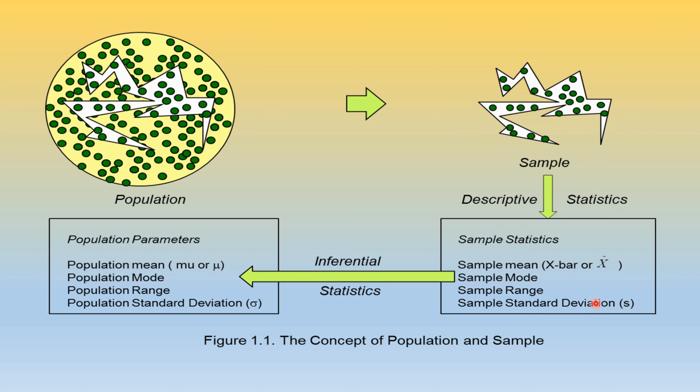Now, description of a sample means producing statistics. I just told you a minute ago, any measure of a sample is called sample statistics. We're going to use the sample statistics now to estimate population parameters.